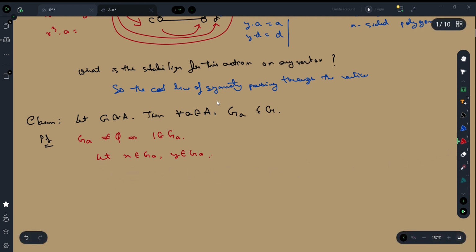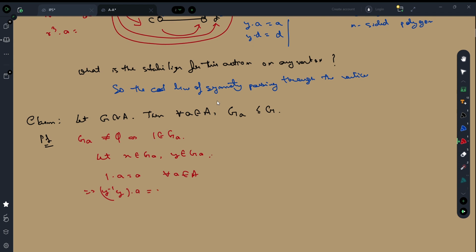We have that 1 dot a is a, for all a in A. We can write 1 dot a as y inverse y dot a is equal to a for all a in A. So this implies y inverse dot y dot a is a for all a in A. Now if y is in G of a, that implies y dot a is a.